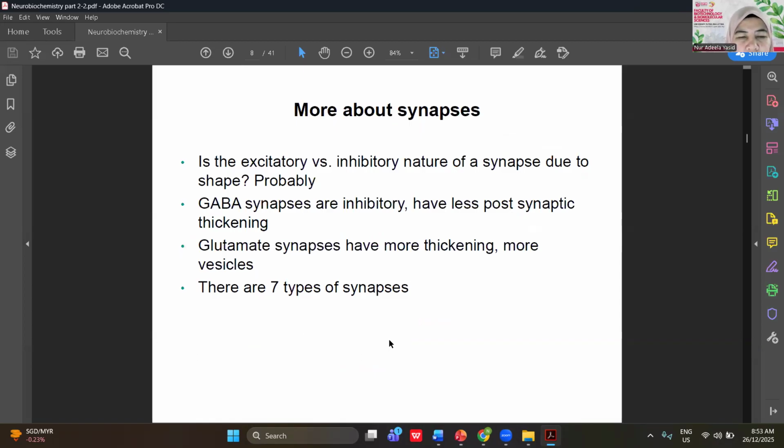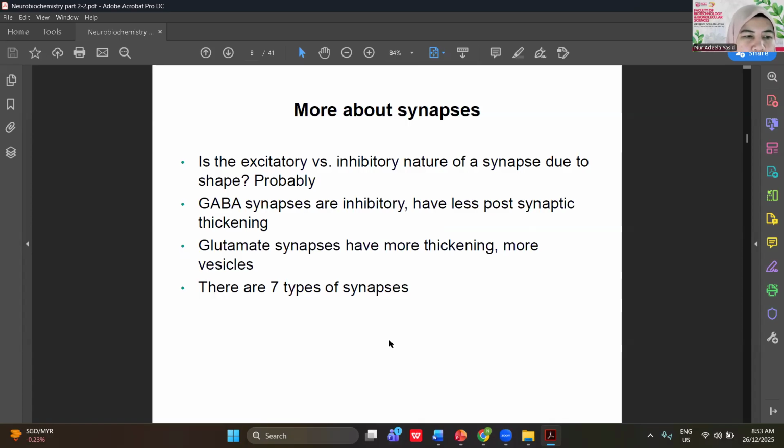More to discuss about synapse: what is the difference between excitatory and inhibitory synapse? What is a GABA synapse? This GABA synapse is inhibitory, so it has less postsynaptic thickening. It is basically inhibitory in nature.